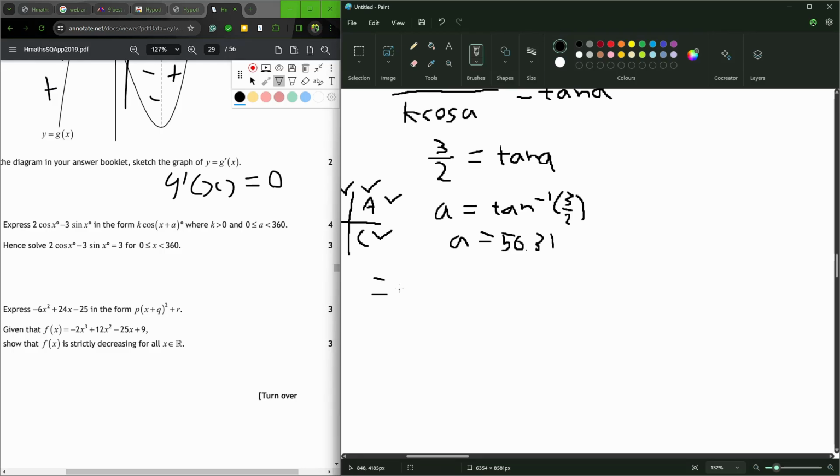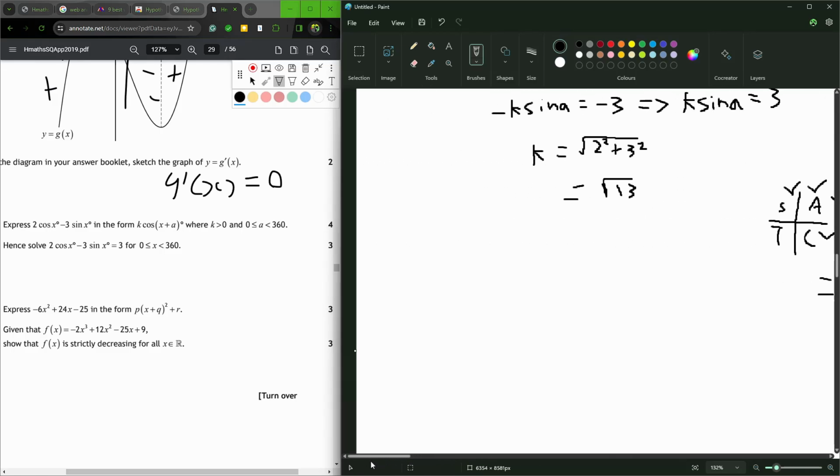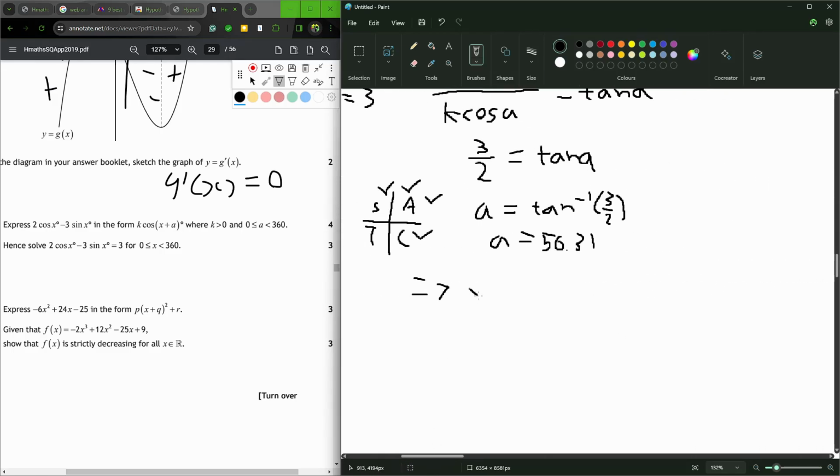We can just combine everything together. We know K is root 13, so root 13 cos (X plus 56.31), and I put the degree sign on there. So yeah, there you go.